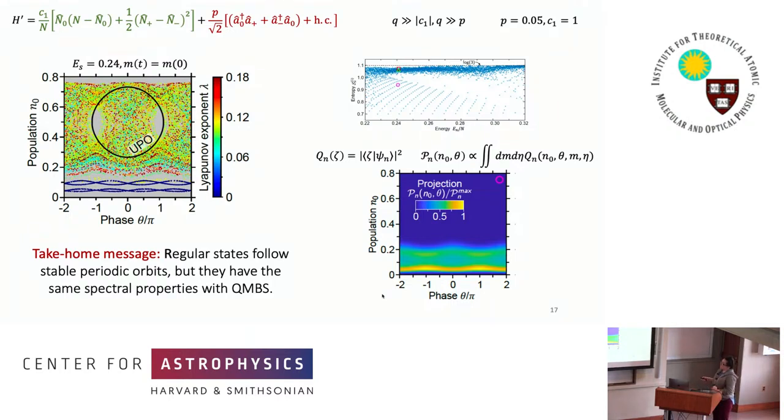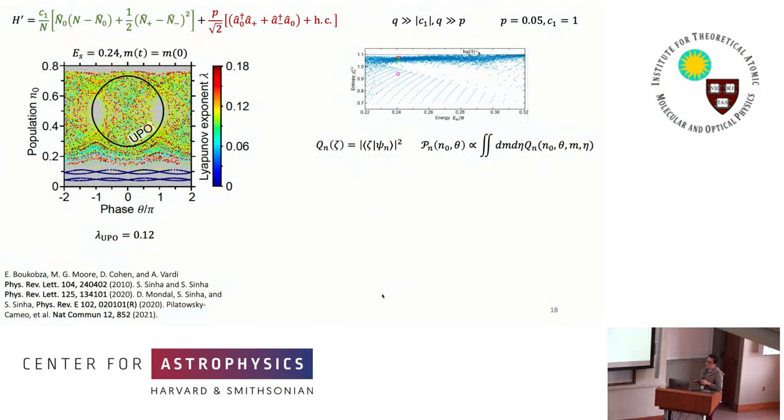And this gives us basically such a phase space picture that corresponds to these stable periodic orbits. So take-home message from here: regular states follow stable periodic orbits, hence the name regular, but they have the same spectral properties as the quantum many-body scars.